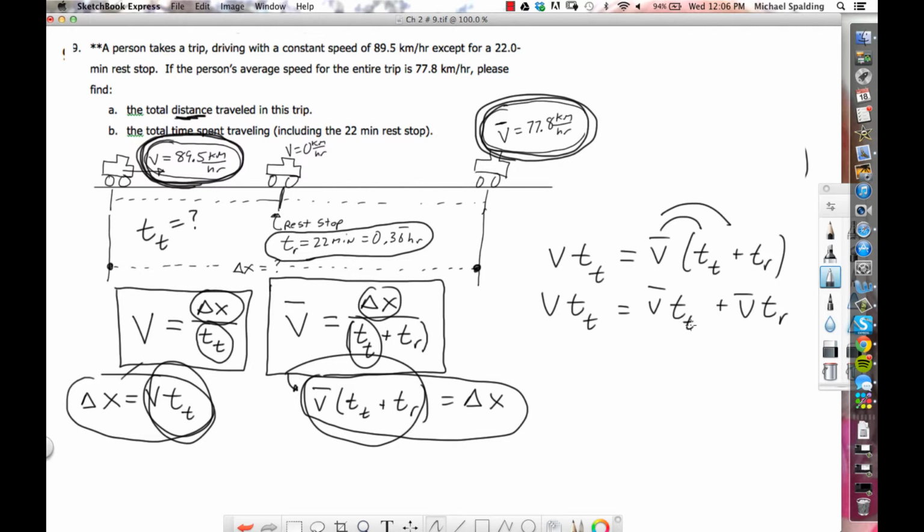And then now we got to isolate time of travel. So v times time of travel minus v average times time of travel equals average velocity times time of rest. So time of travel is going to be equal to v average divided by v minus v average.